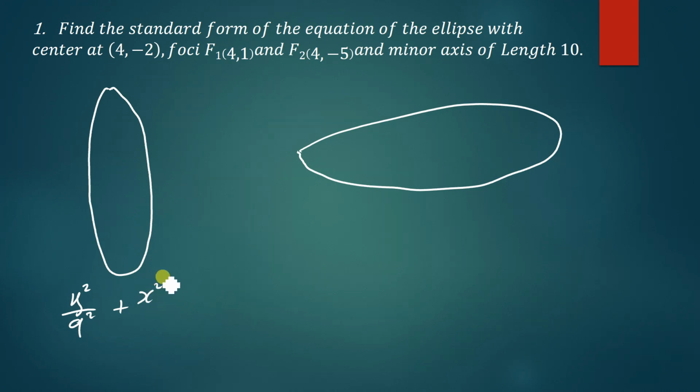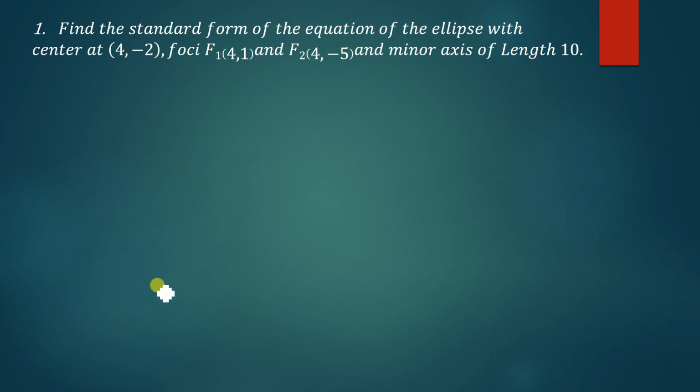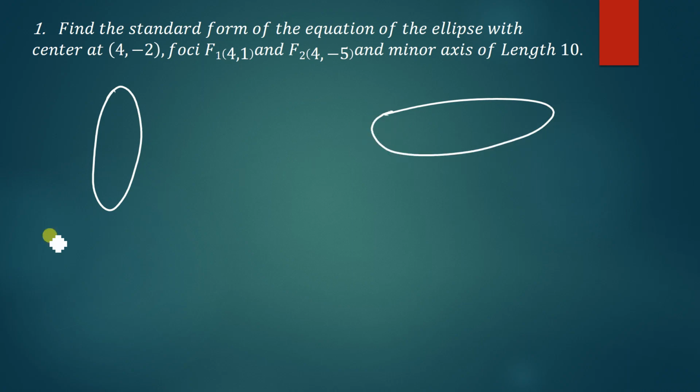Let me write it this way: if it's in the y, then the other one is in the x, so you expect your equation to be x squared over b squared plus y squared over a squared equal to 1.